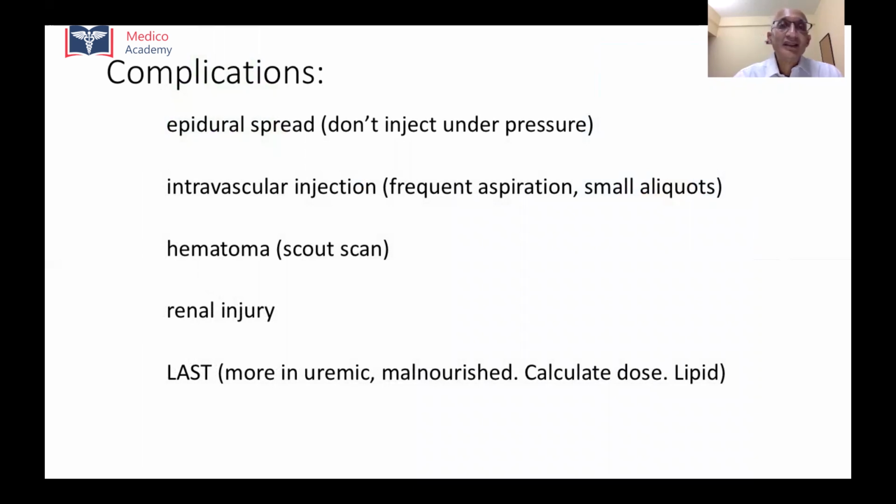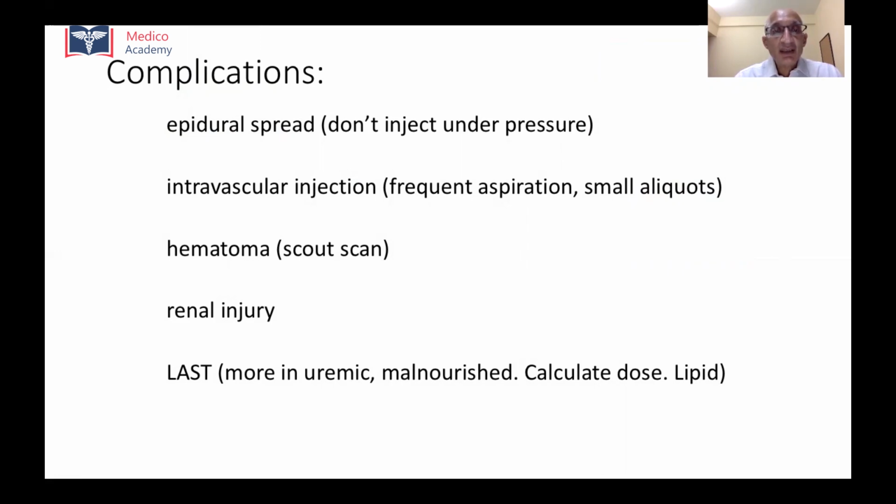Now, this is a very challenging block, not an easy block, and it has its own complications like epidural spread, especially if we do the injection with a lot of pressure. It is bound to go into the neuraxis and cause an epidural spread as well.